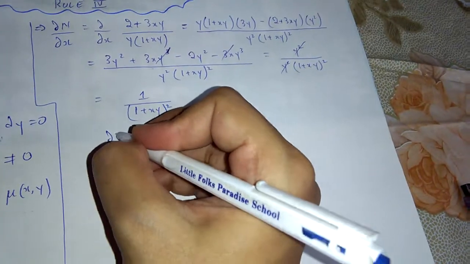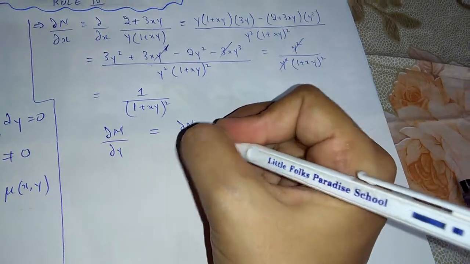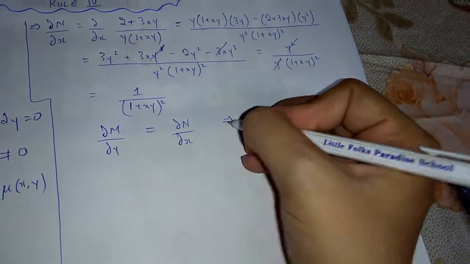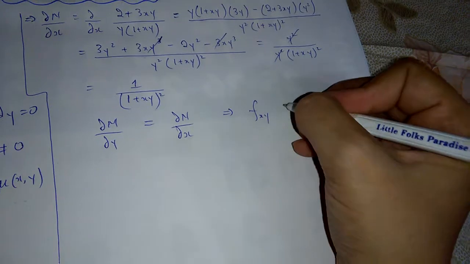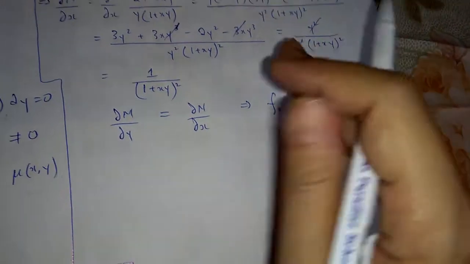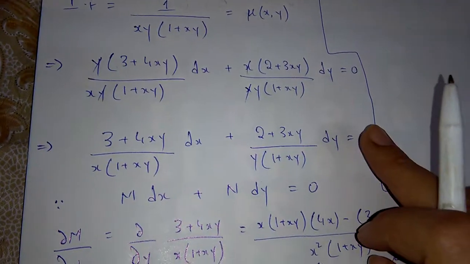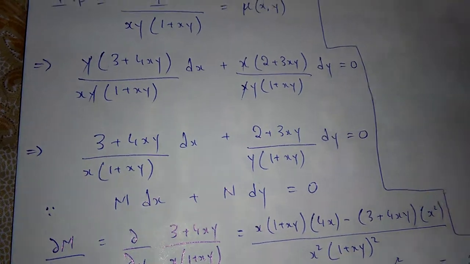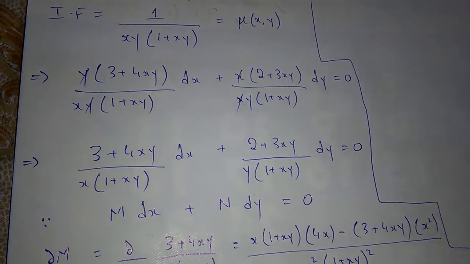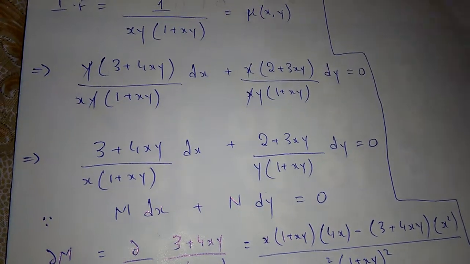So these two answers are equal, or we can say that f_xy is equal to f_yx, so it means this is an exact differential equation. Now we are going to get the solution of this exact first order ordinary differential equation.